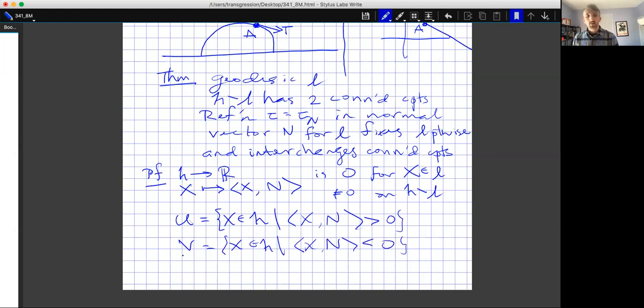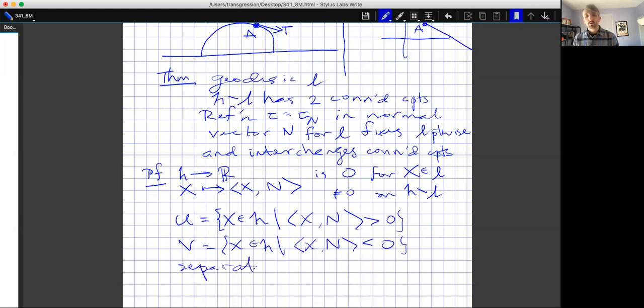The claim here is that these separate the complement. There's a little topology going on here. Hopefully it feels like a familiar statement that if I have a continuous function and I look at open sets in the codomain and take their preimage, those are going to be open sets. In a point set topology class, that would actually be the definition of being a continuous function.